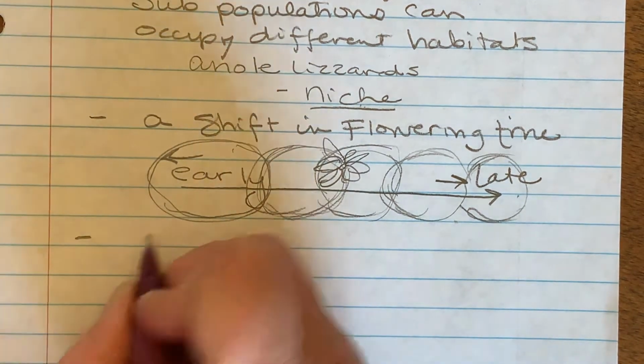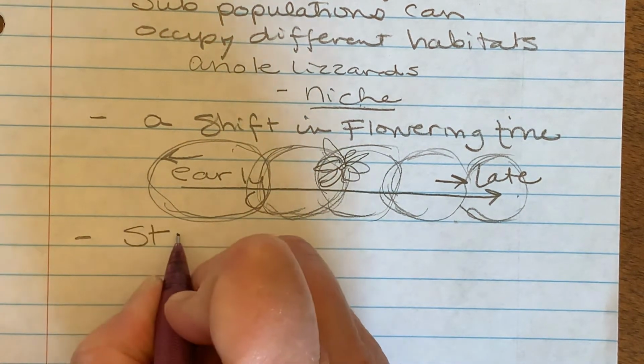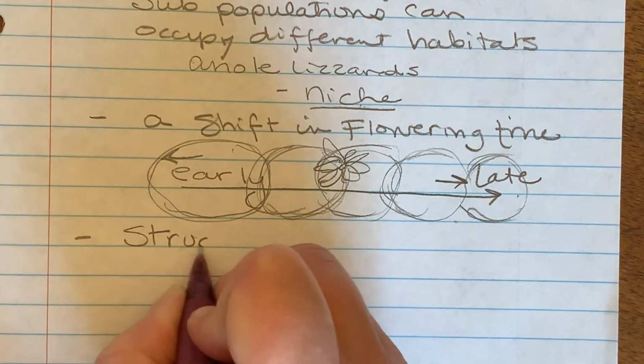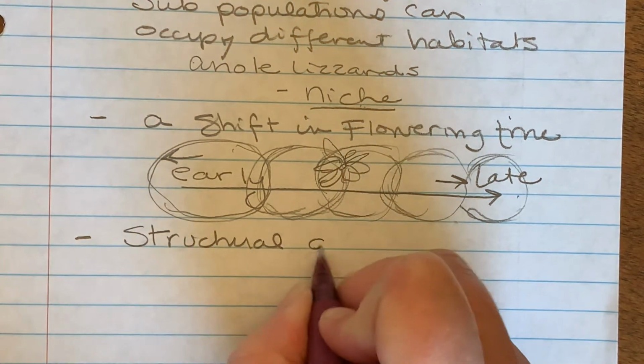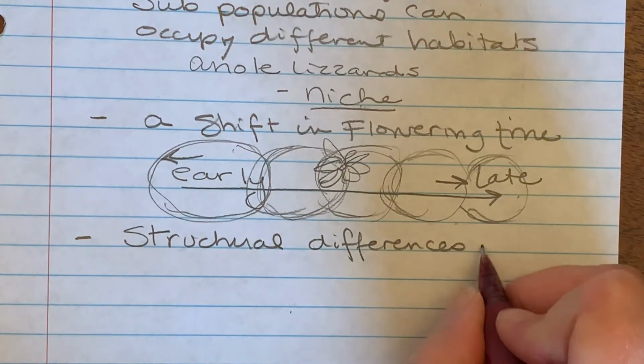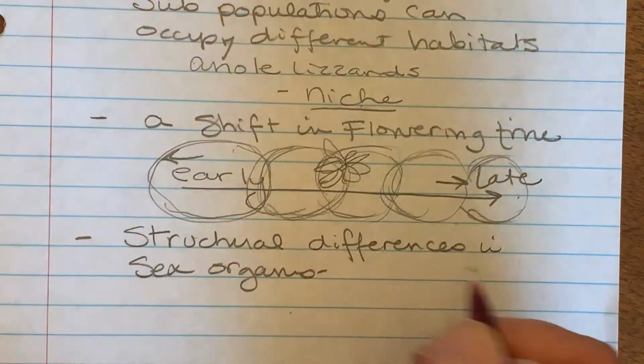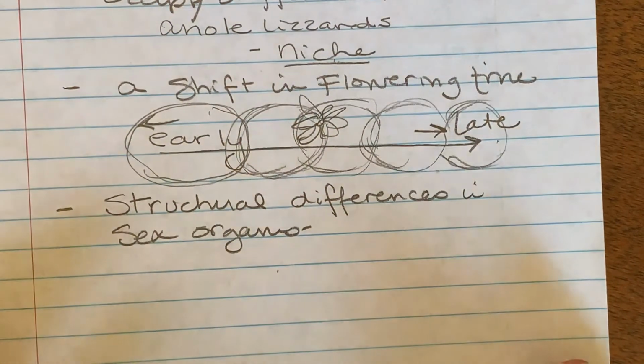Another one we see is structural differences in sex organs. And this could be caused, obviously, by mutation.